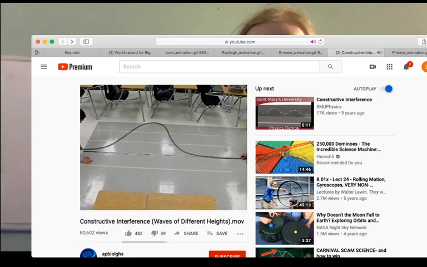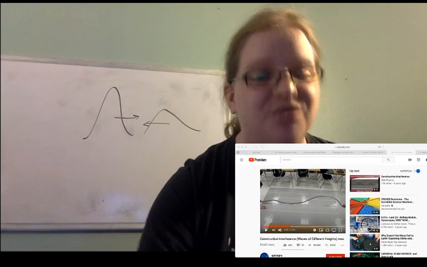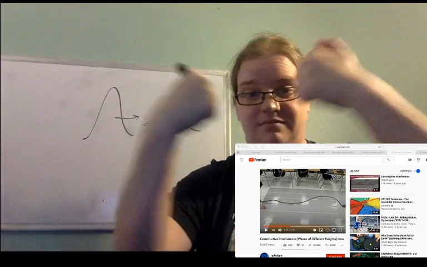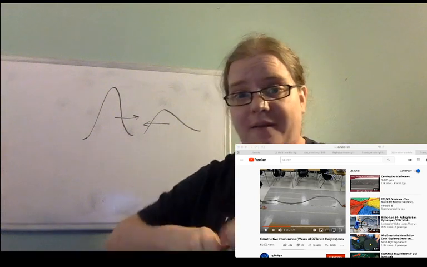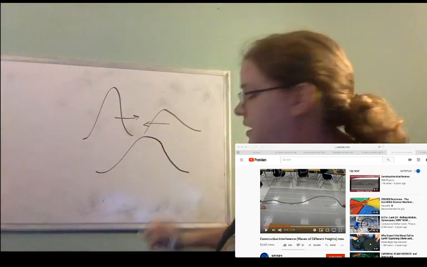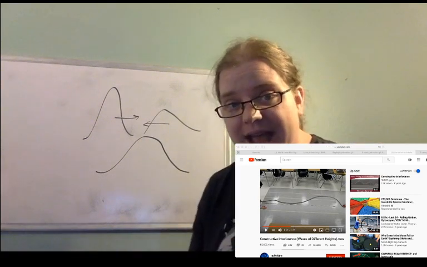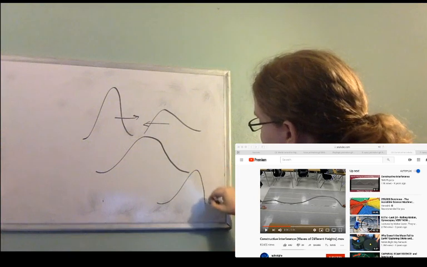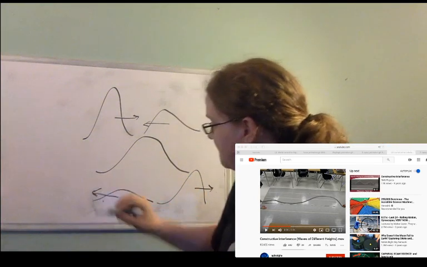Whoop, whoop, and there. So interesting. They do not act like the carts. They don't bang into each other. They literally combine for a moment to make something bigger than each was. And then if we look at the video now, the tall one is moving this way, and the shorter one is moving that way.